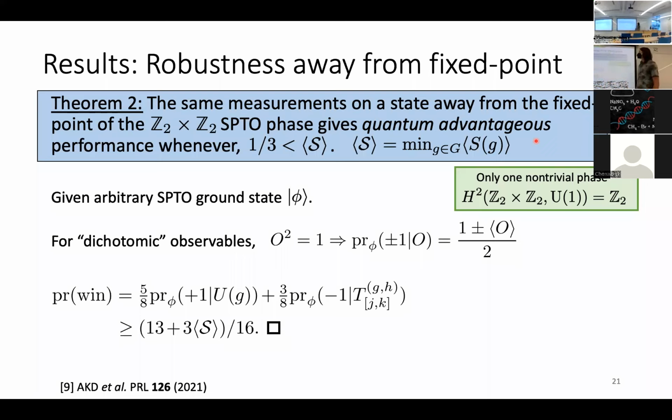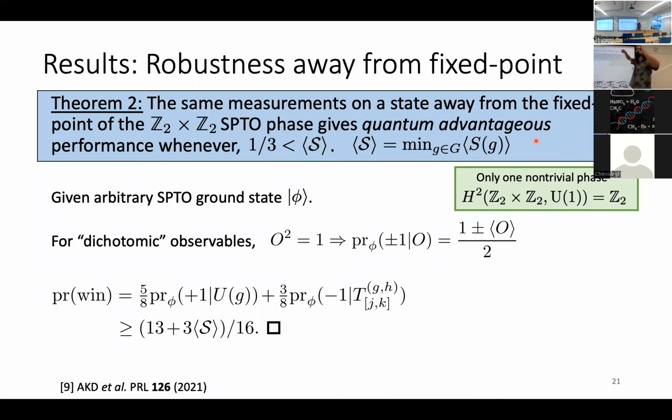As long as the smallest string order parameter is greater than 1/3, we can demonstrate that on all inputs, the fixed point strategy implemented on a non-fixed point state, measuring those same fixed point observables, gives a success probability greater than the 7/8 that was the classical bound. We do this by the fact that, in this Z2 cross C2 phase, all of those local observables that I'm measuring are dichotomic observables.